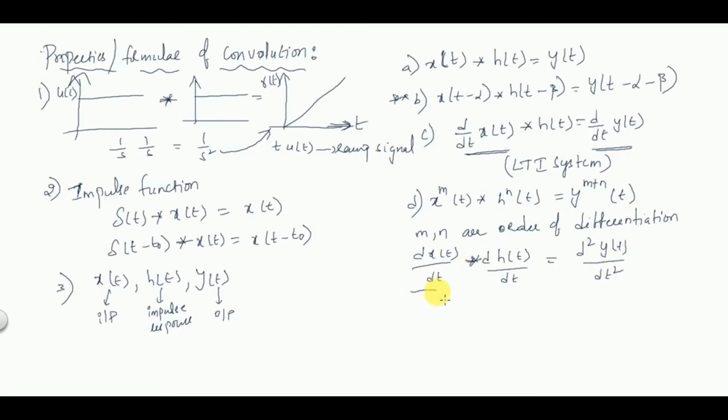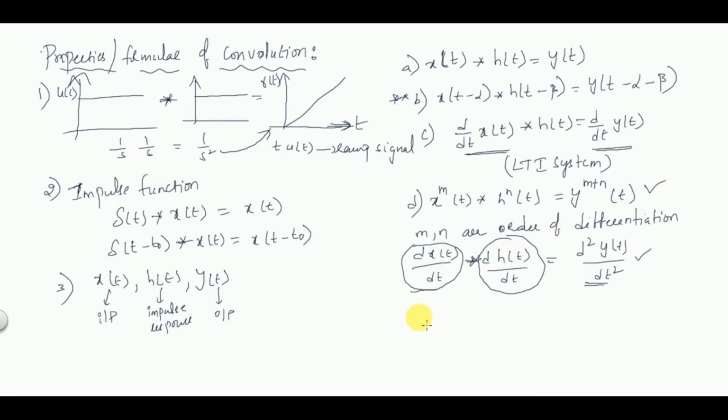So the convolution is between the signals d by dt of x of t and d by dt of h of t, and then the output should be differentiated two times. This is what the formula says.